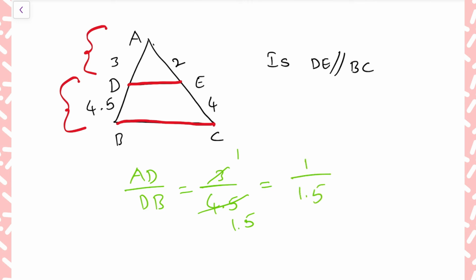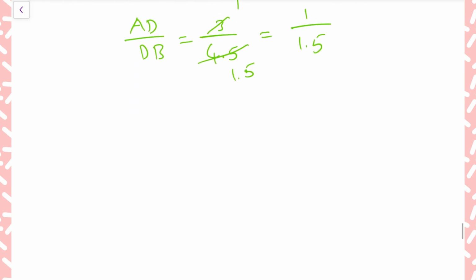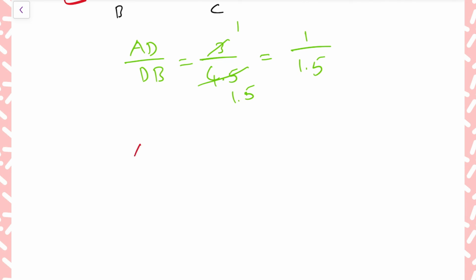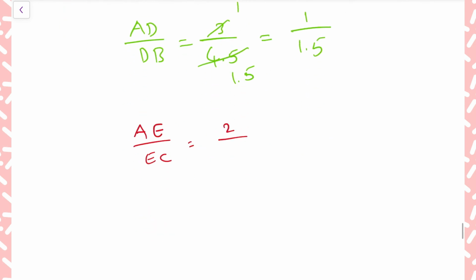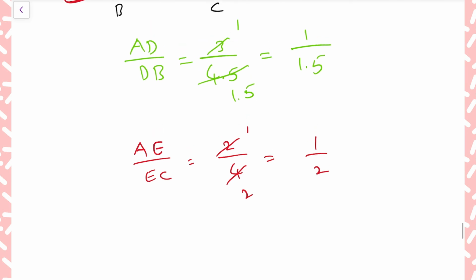The same way take the right side also, upper one by lower one, that is AE by EC. AE is 2, EC is 4. 2 ones are 2, 2 twos are 4, so it is 1 by 2. Here if you observe, this is 1 by 1.5 and this is 1 by 2. Both are not equal.